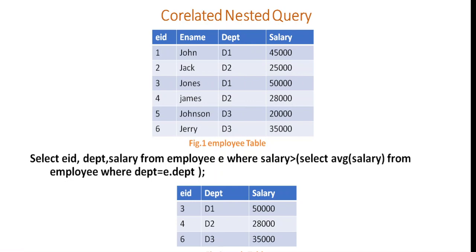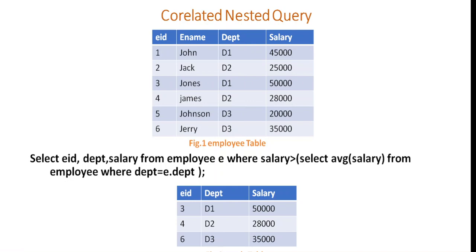Now let's see what this output is. See, employee ID 3 is working in the D1 department. We have taken the average of these two salaries from the D1 department, and the salary of employee ID 3 is greater than that average. That's why employee ID 3 is there. Now from the D2 department we have got data for employee ID 4.